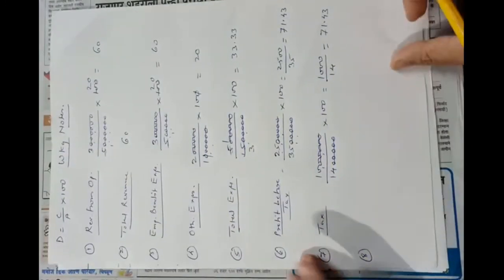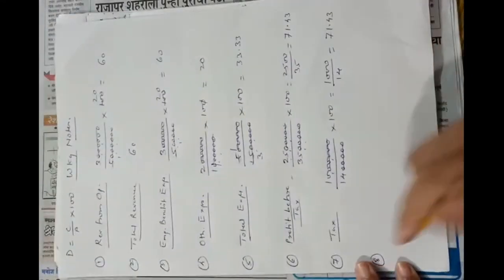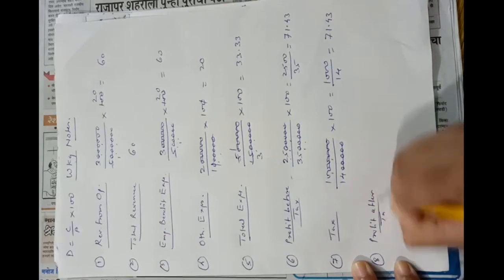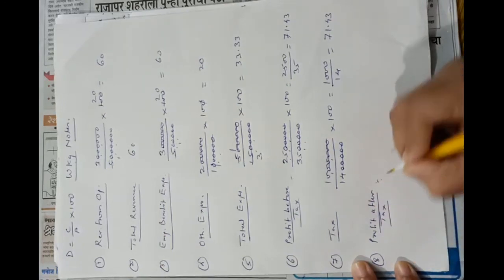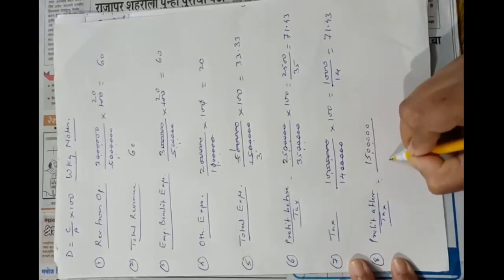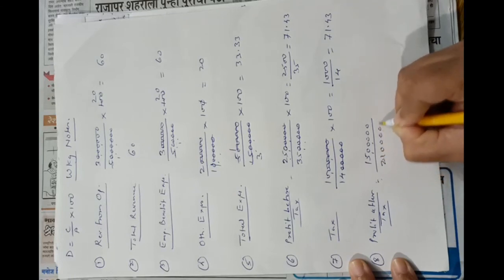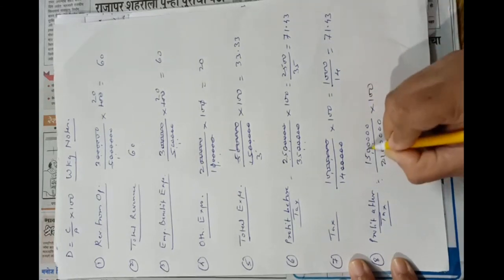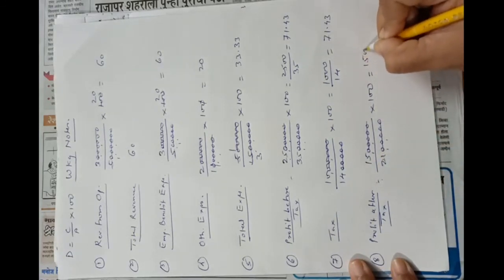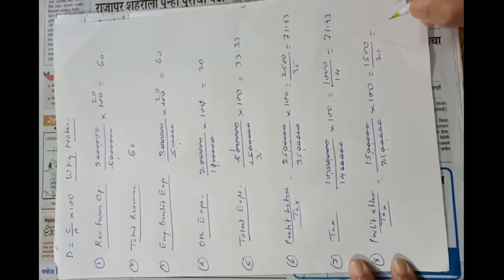And now profit after tax, 15 lakhs divided by 21 lakhs into 100. 5 zeros will be cancelled with these 5 zeros. 15 into 100, 1500 divided by 21, and again the division is 71.43.